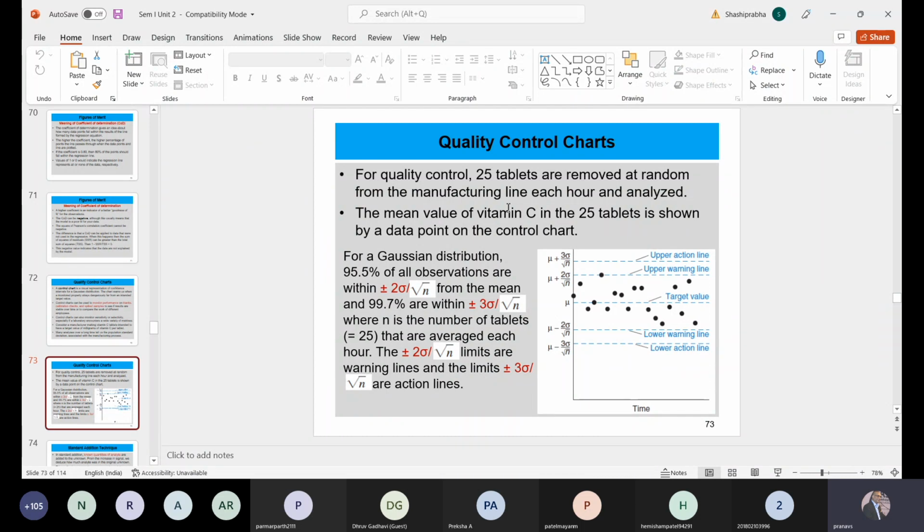Okay, so this was concerning quality control charts. As I said, it is not a conventional process which you do in conventional labs.